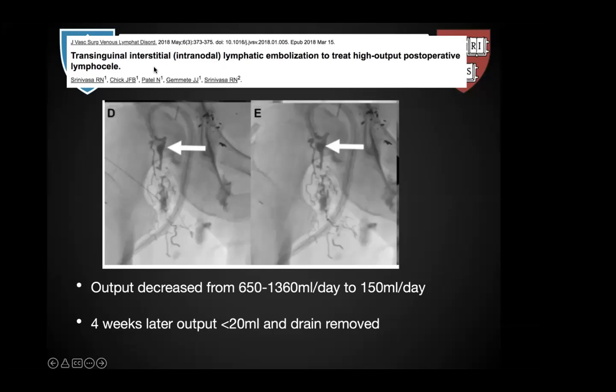Actually, I'm not sure why he ended up having this leak, but the authors here accessed the lymph node under ultrasound, injected contrast or lymphatic, and could identify the site of leak. And so they treated this with glue embolization of the lymph node, which was able to successfully stop this leak and have the drain be removed.